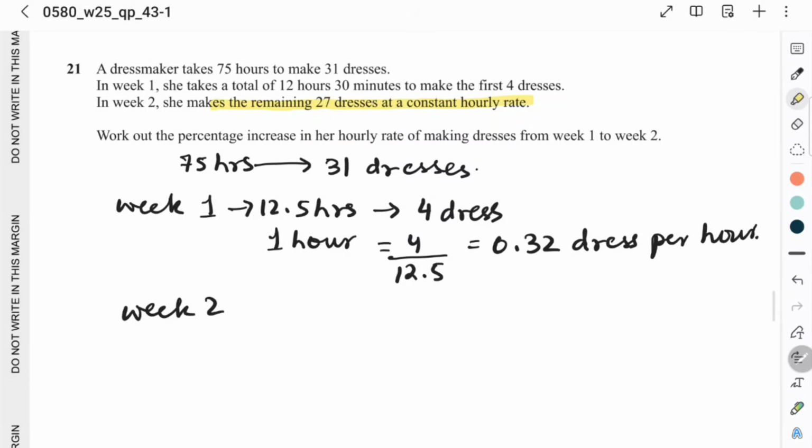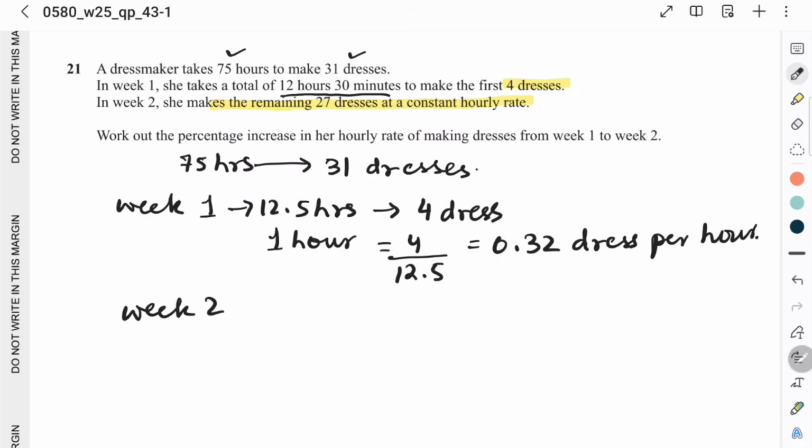So here this is 4 dresses and 27 dresses they are making, and 4 and 27 means 31 dresses, and the total time is 75 hours, took 12 and a half hours in week 1.